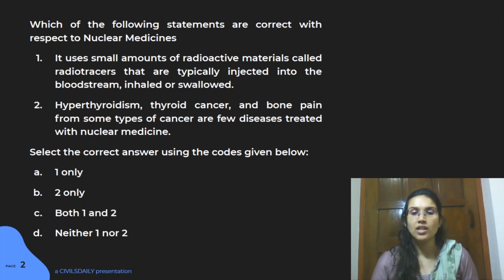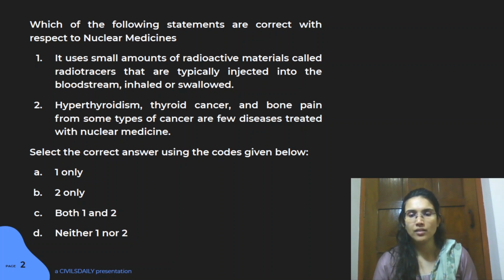So guys, both the statements are right here with respect to nuclear medicine, and if you did not know about this particular topic, this can be a chance to get a basic introduction, and you can also Google this topic. So basically the idea here is that, as you can see from the term nuclear, it has to be something really small.